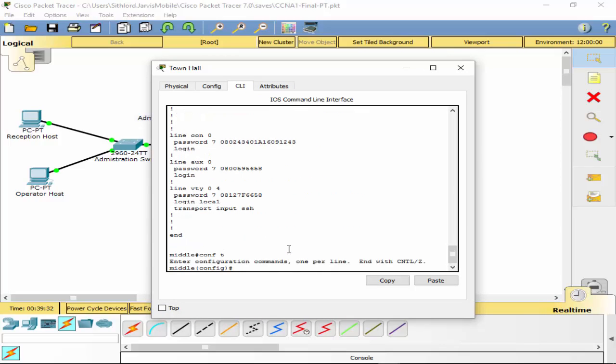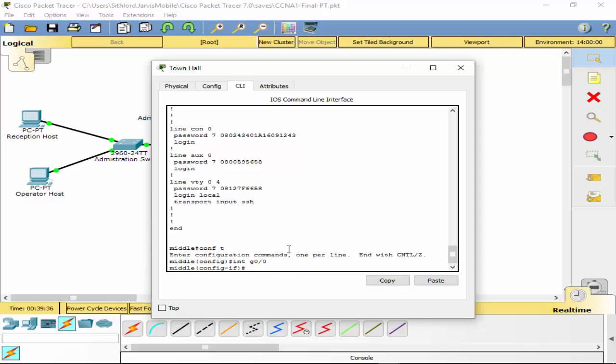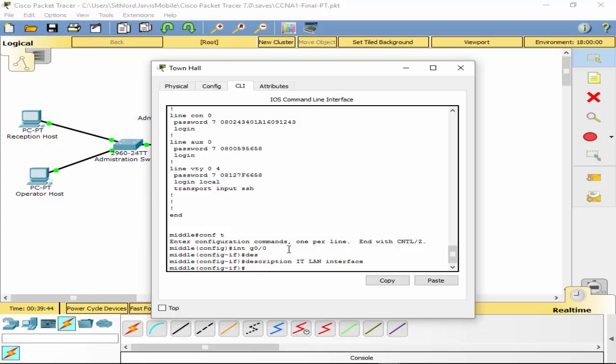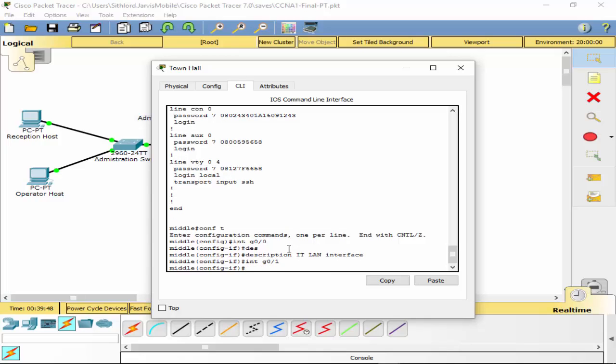So what we do there is we say interface G00, which is the IT. We say description IT LAN interface, or whatever, something like that. And interface G01, description administration LAN interface.